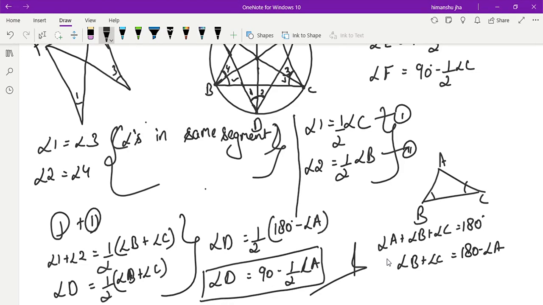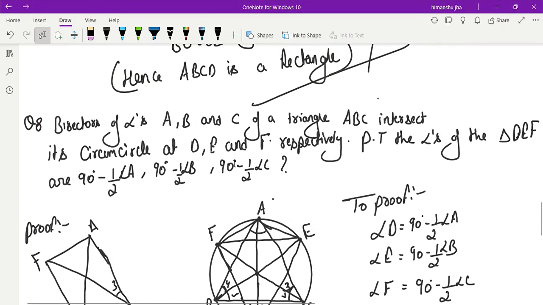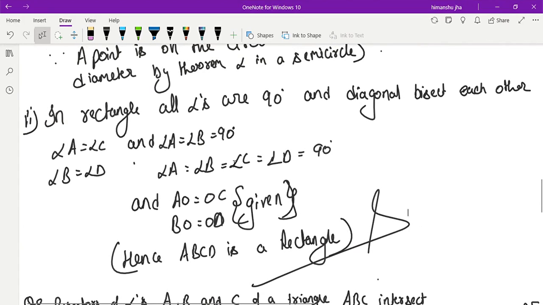Note it down. Similarly second and similarly third. Similarly we will use the same process. I will show you.